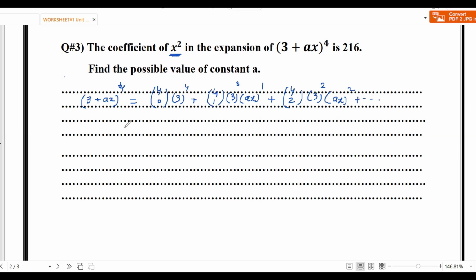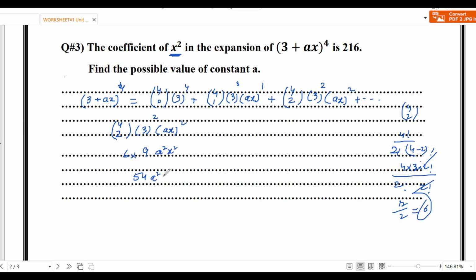It means our term is 4C2 times 3 squared times (ax) squared. Simplifying 4C2, that means 4 factorial over 2 factorial times (4 minus 2) factorial, so 4 times 3 times 2 factorial over 2 factorial times 2 factorial. 4 threes are 12, 12 over 2 is 6. So this is 6 multiplied by 3 squared, which gives 9, a squared x squared. So 54 a squared x squared.